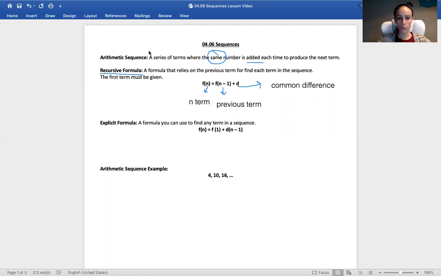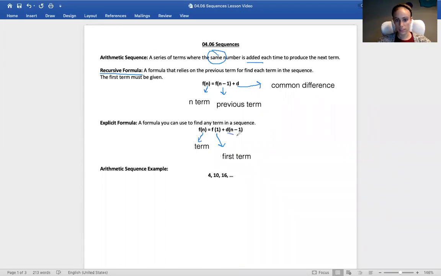So once again, let's identify what each of these variables represent. Just like before, the n still represents our term. Now in this one, we need to know our first term. We don't need all the previous ones, but the initial term is key, and that is the f of 1. That represents our first term in the sequence.